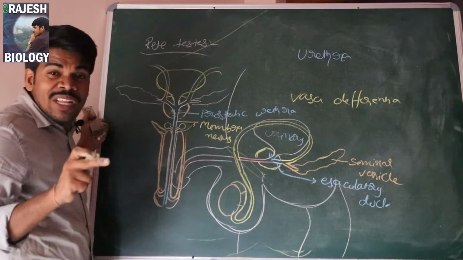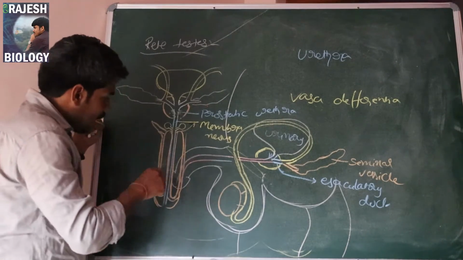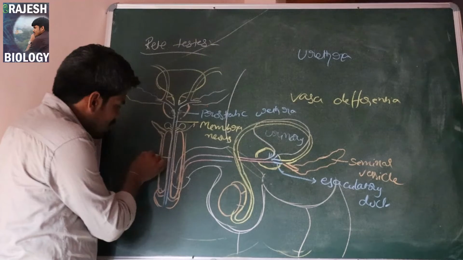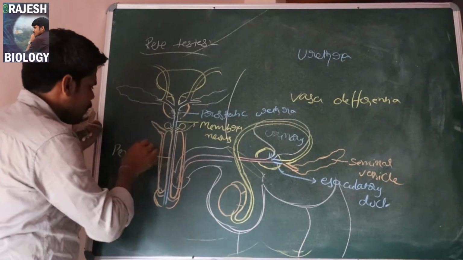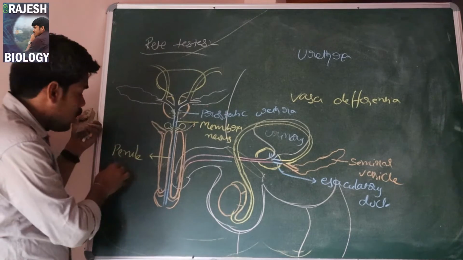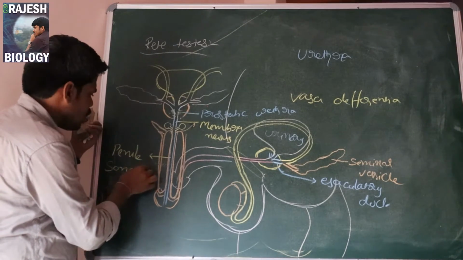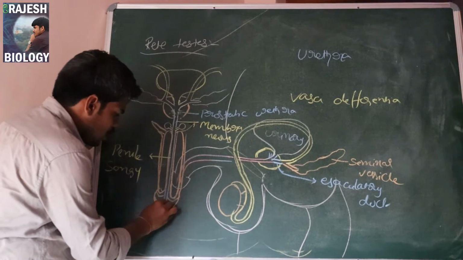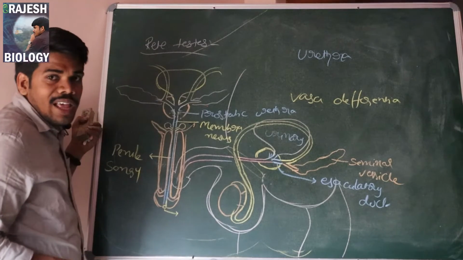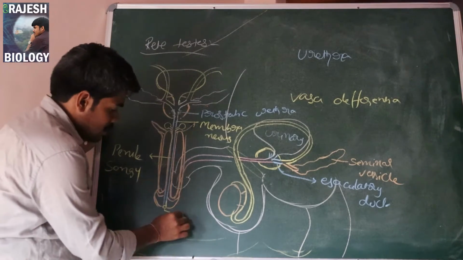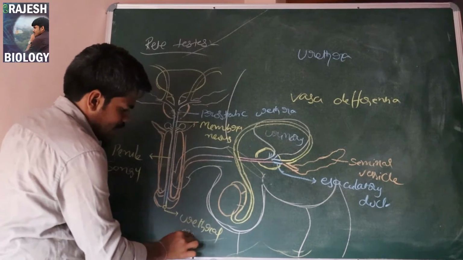The urethra present within the prostate gland is called the prostatic urethra, and the urethra present in the penis is called the penile urethra, also called the spongy urethra. This urethra opens out as the urethral meatus.